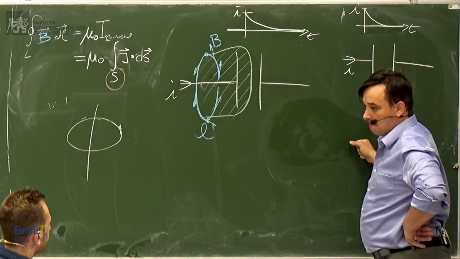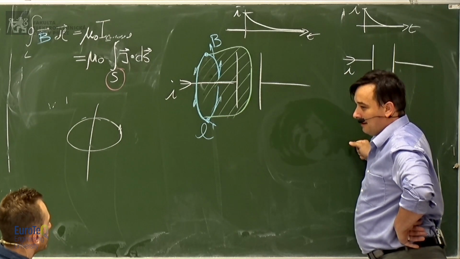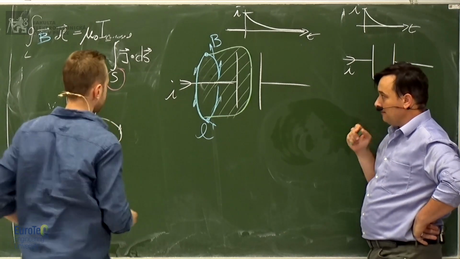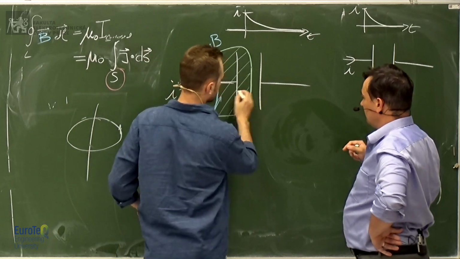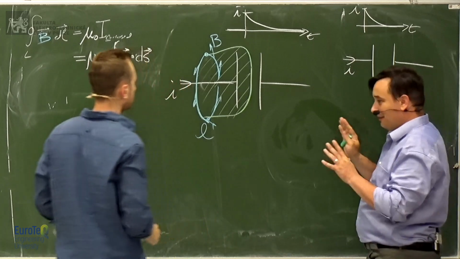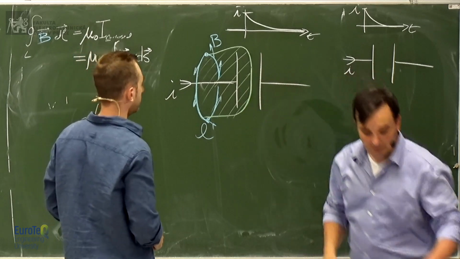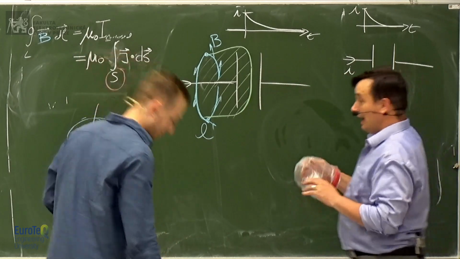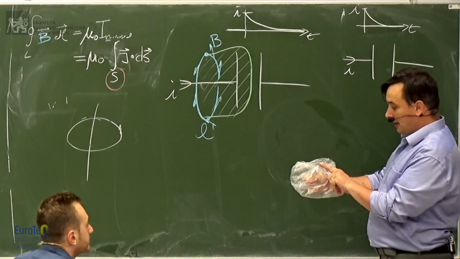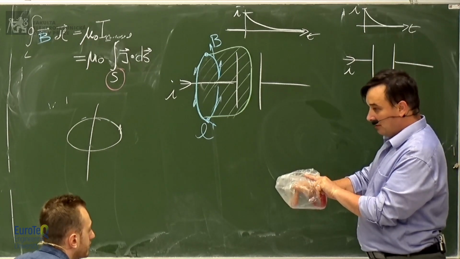Confused? Well, I was seeing that the current would flow and then generate an electric field. Exactly, but you see that the current doesn't cross the surface. The current doesn't cross the surface, but the electric field does. Exactly. The charge arrives here and stays on the plate of the capacitor.